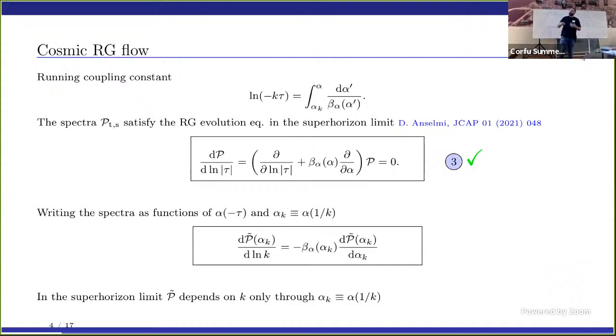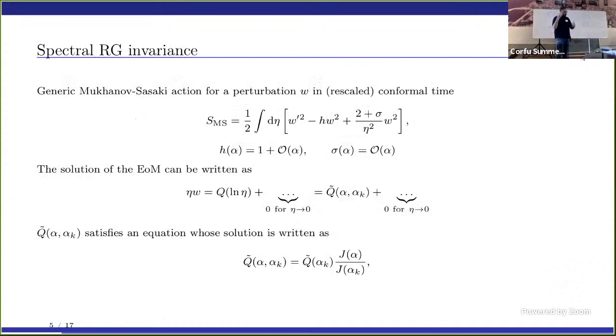Let me give more details about this third point, the RG invariance of the spectra, and why it is useful. We can consider in general the Mukhanov-Sasaki action for a certain perturbation W. I call it Mukhanov-Sasaki in general; I think Mukhanov and Sasaki did it only for the scalar perturbation, but the tensor perturbation has an action of the same form.